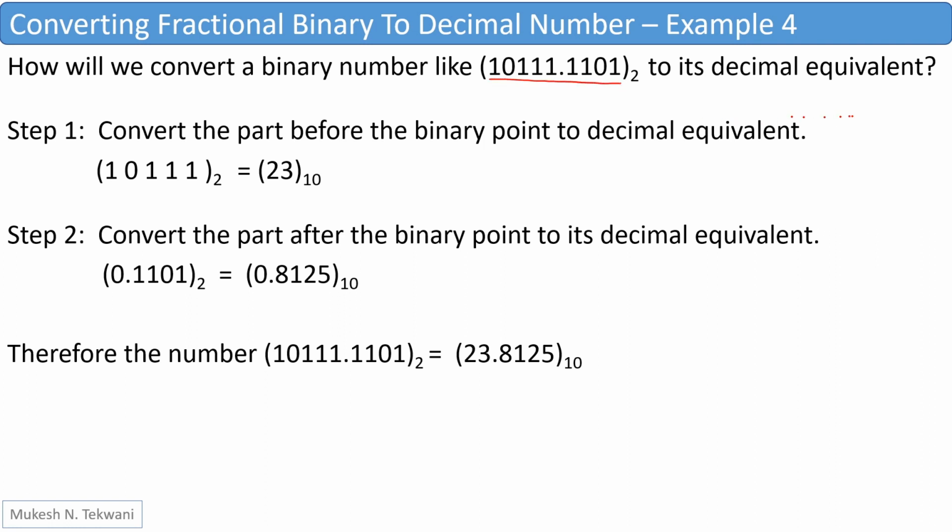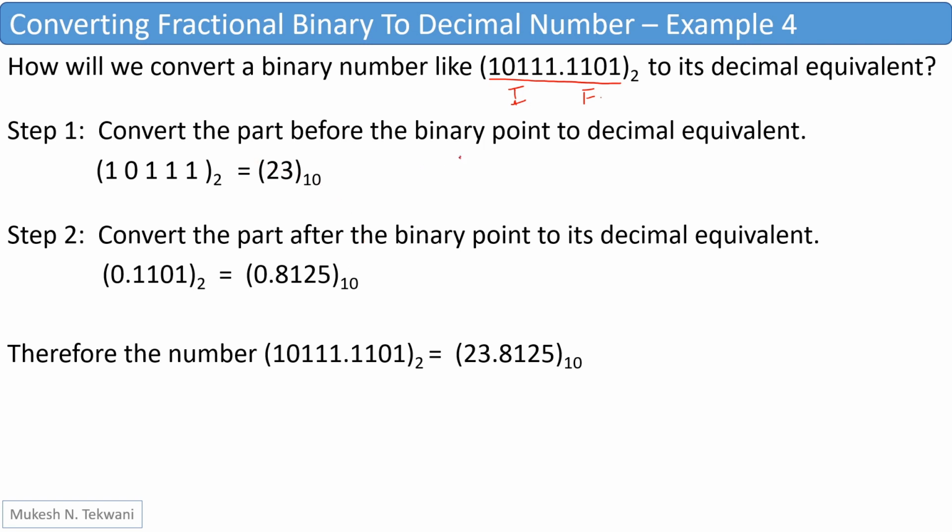Now let us see how to convert a binary number like 10111.1101 to its decimal equivalent. We'll observe that this binary number has an integer part, that is before the binary point, and it also has a fractional part, that is the part after the binary point.